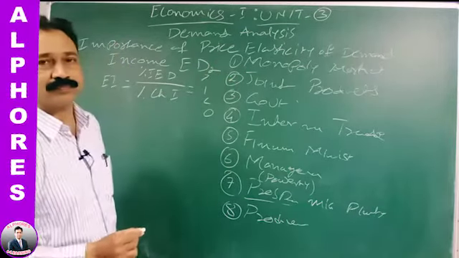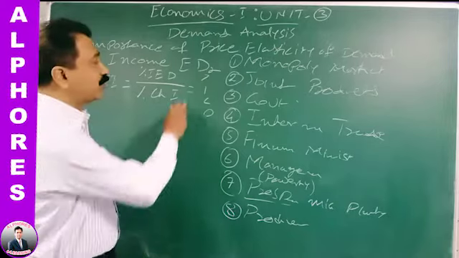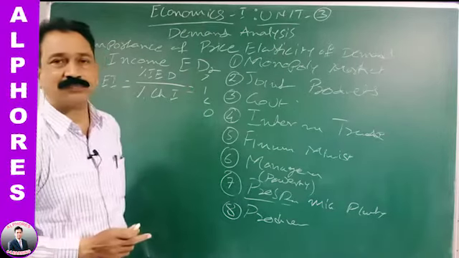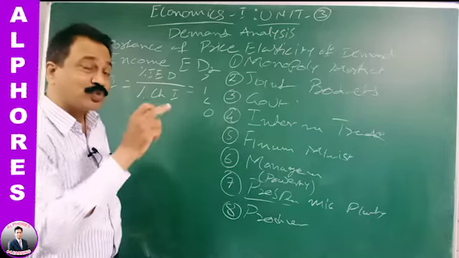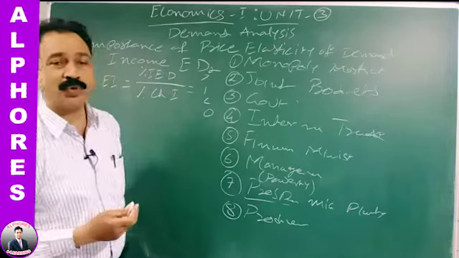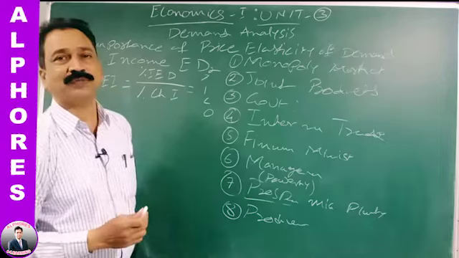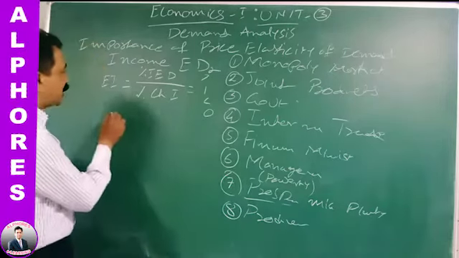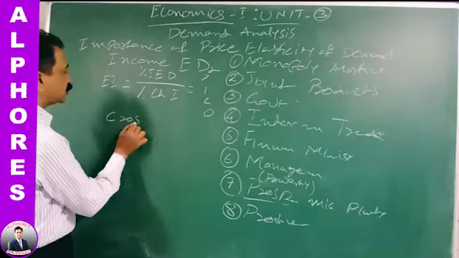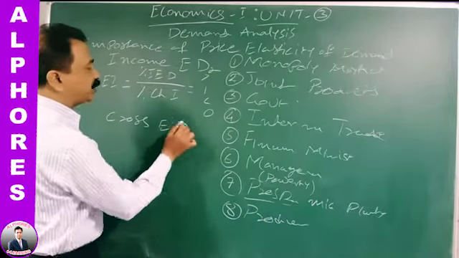There are 5 cases we can see. With that we can come to a conclusion whether the commodity is a superior or normal good or an inferior good. Clear? Okay. Now we will see cross elasticity of demand.